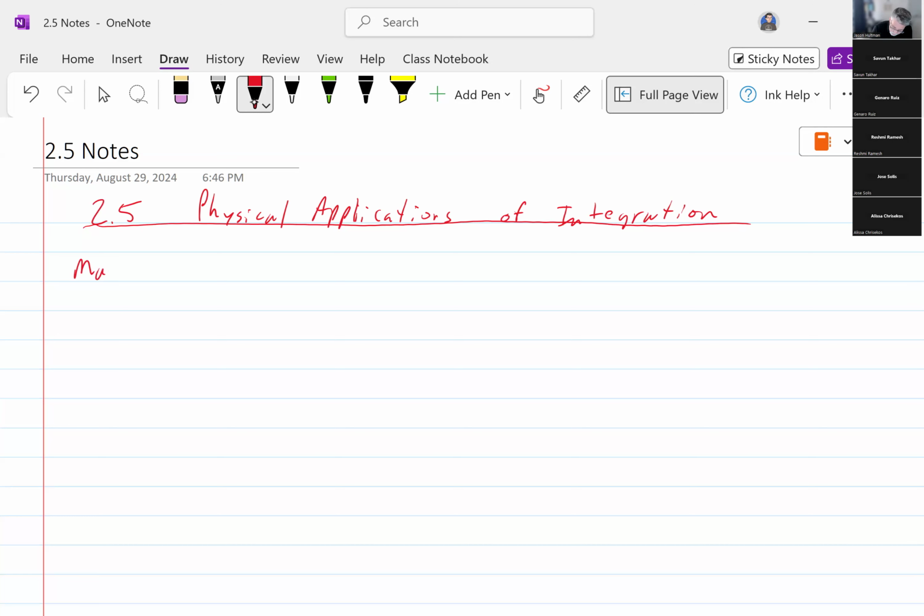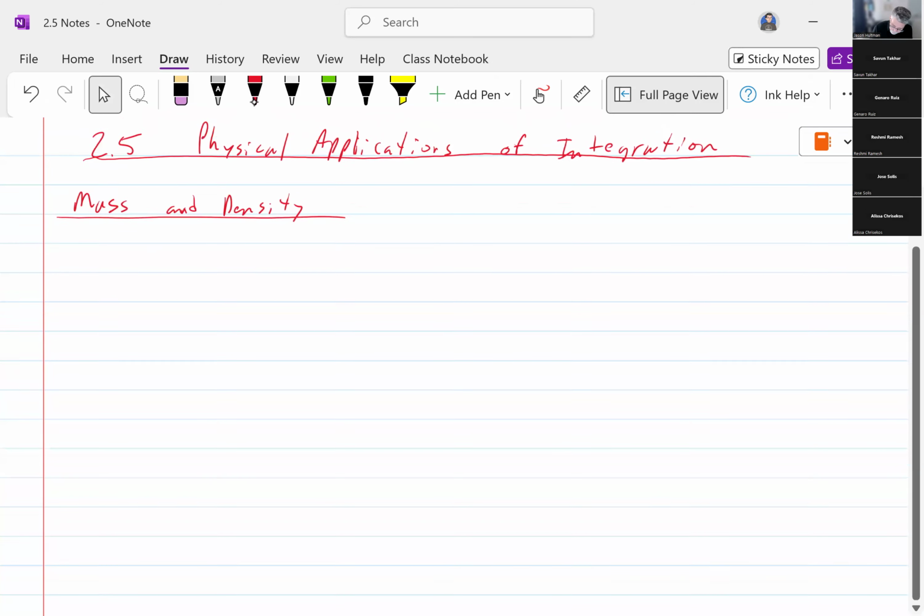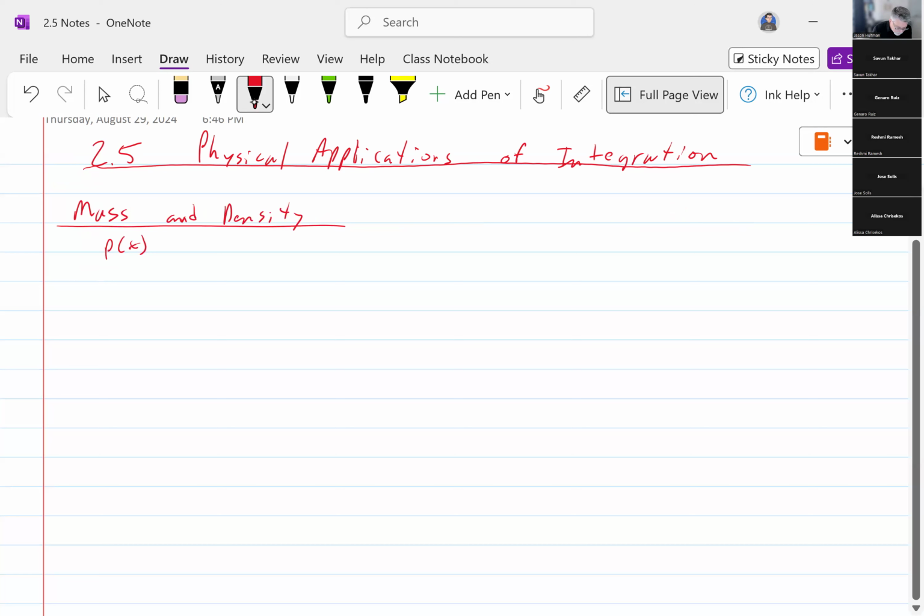Okay, let's start with mass and density. P of x is referred to as the density function. In some texts, you'll see it as rho, a Greek letter rho.